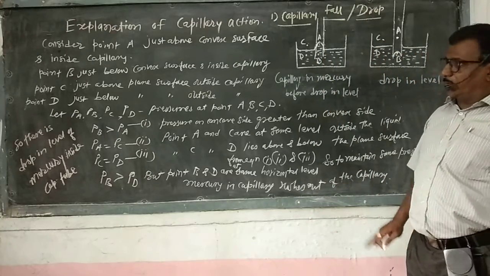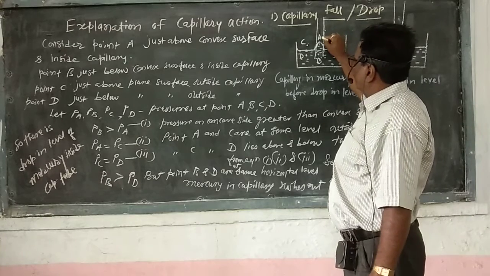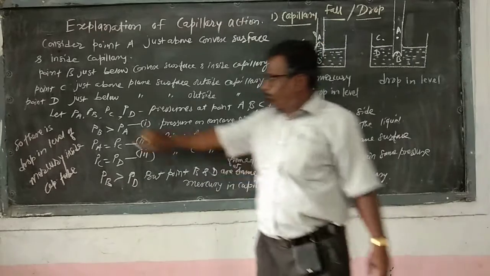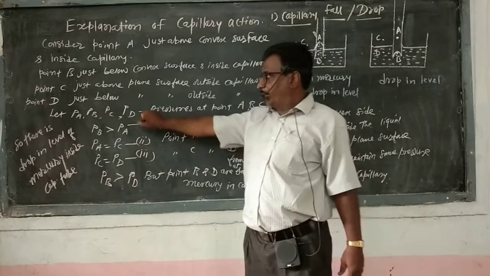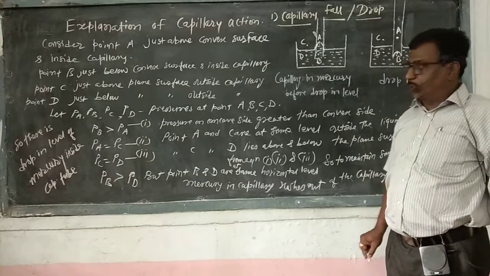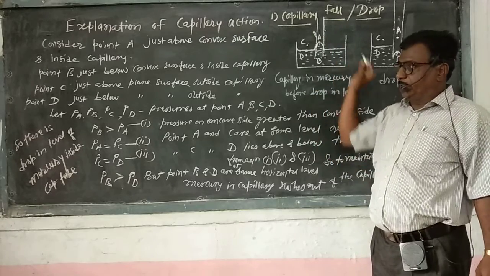Now there are four pressures. Let point A have pressure PA, point B pressure PB, point C pressure PC and point D pressure PD. These are the pressures at points A, B, C, D drawn in this figure.